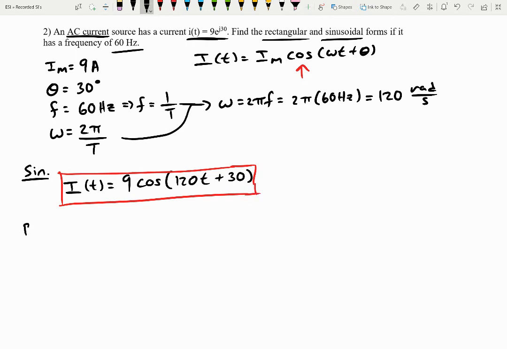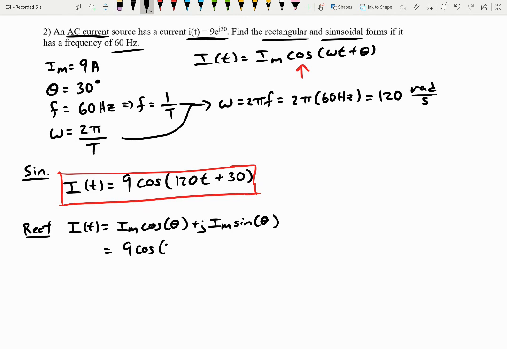Now for the rectangular, similar to the previous problem, all we'll do is the magnitude cosine of theta plus j magnitude sine of theta. So 9 cosine 30 plus j 9 sine 30.